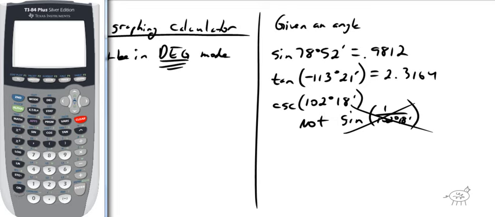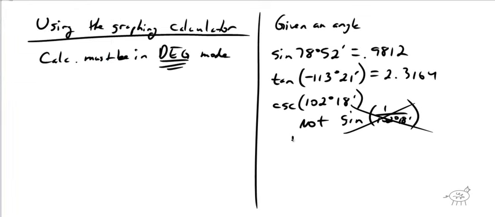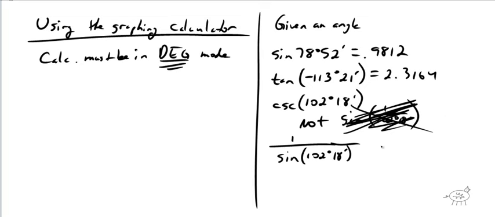Basically, what you're going to do is type in, as you remember, 1 over the sine of 102 degrees 18 minutes. That's how you do this problem. The other way is horrible. Don't do that. So it's 1 over sine of that.